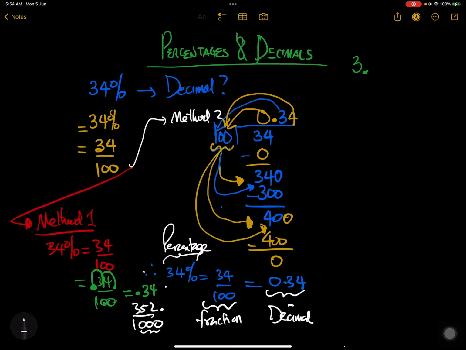Why? Because of these 3 zeros. We get 1, 2, 3. So you're going to have 0.352. So keep in mind, method 1 works when the number in the denominator has only zeros.